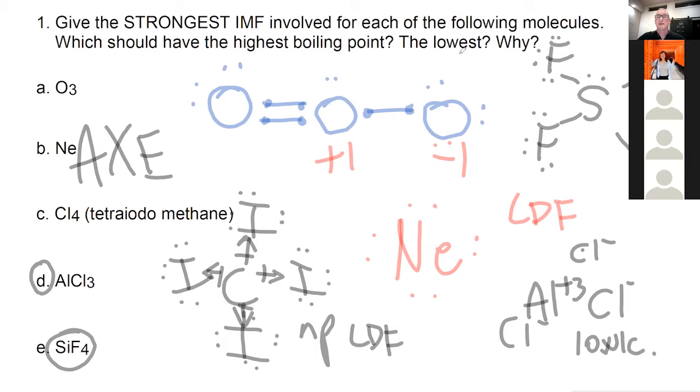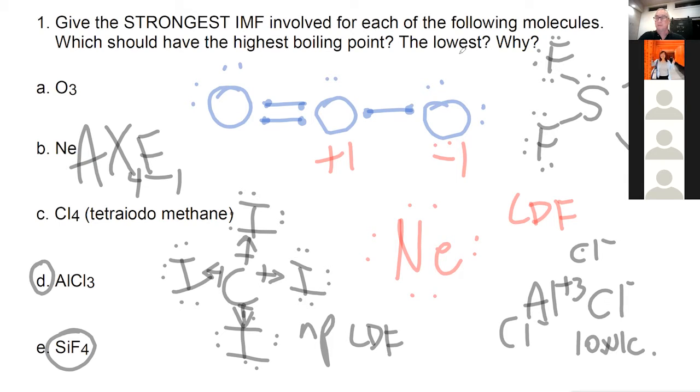So sulfur is our central atom. What's the value of X? 4. 4 bonding regions. And how many lone pairs for the sulfur? 1. It'd be a seesaw shape. So it would not be pyramidal.